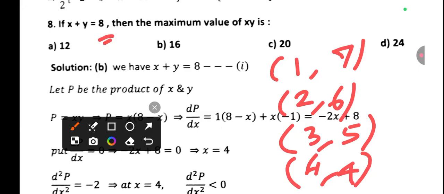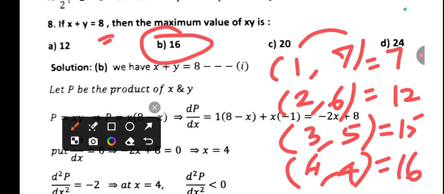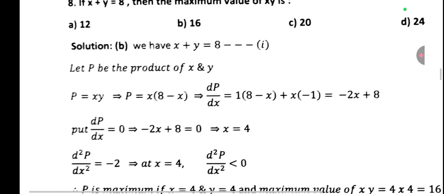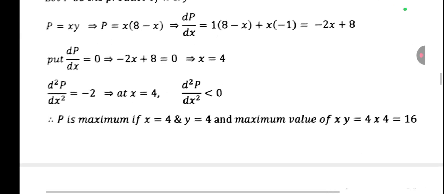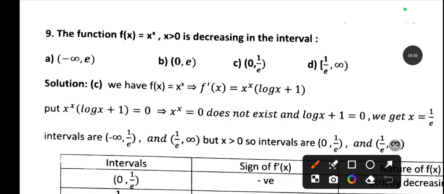In this, which pair gives the bigger product? 1 7s are 7. 2 6s are 12. 3 5s are 15. 4 4s are 16. So 16 is the maximum value. Hope you understood. These are the possibilities, and that is the easier way to do this type of sum in MCQ. If they ask it in 2 mark or 3 mark, we have to do it the normal way, as a maximum minimum word problem. So remember, in MCQ we can have another approach.